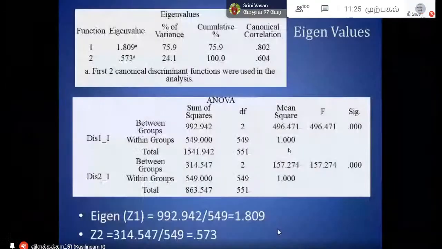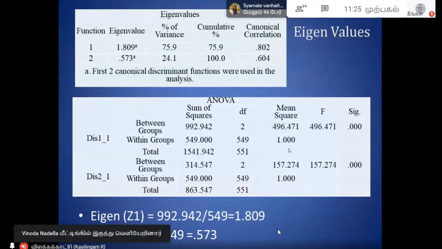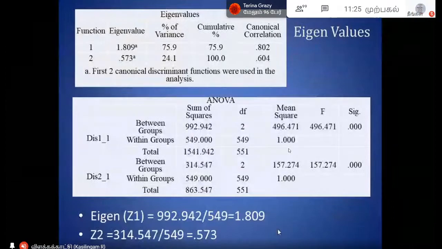So what have I done? The two function variables are the functions which we have generated out of this equation, and the original category variable. Now the eigenvalue in the table: if you run a discriminant analysis, you will get an eigenvalue. The eigenvalue is 1.809.